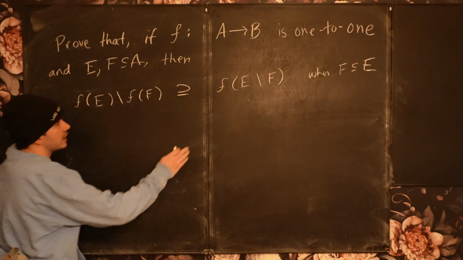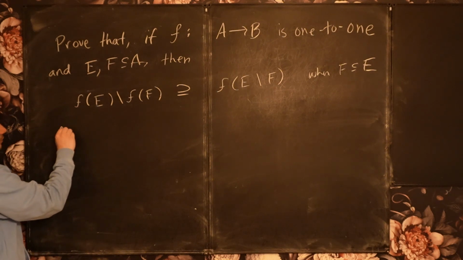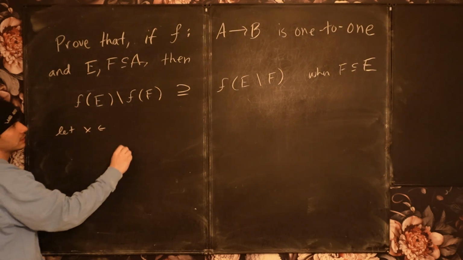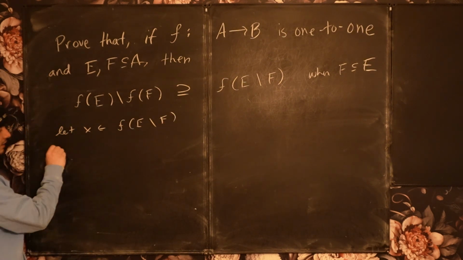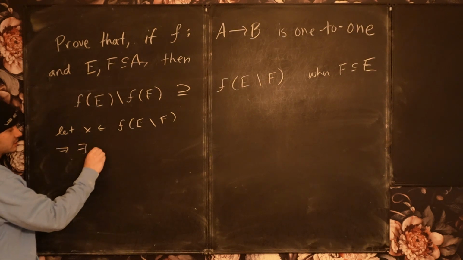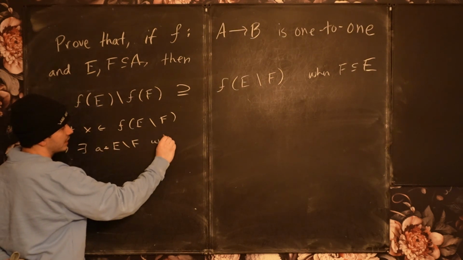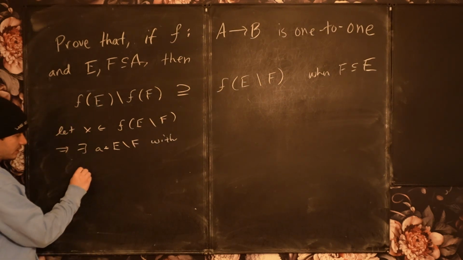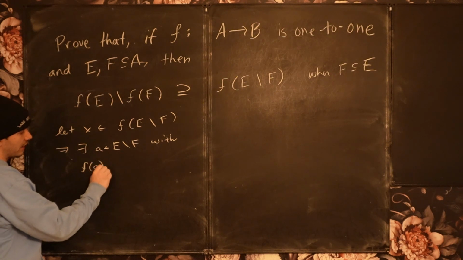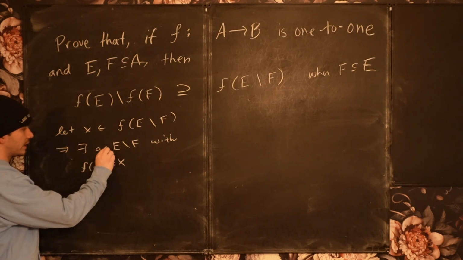Okay, so to prove this set inclusion, we're going to let x belong to f of E set minus F. So this tells me that there exists an A in E set minus F with f of A equal to x.